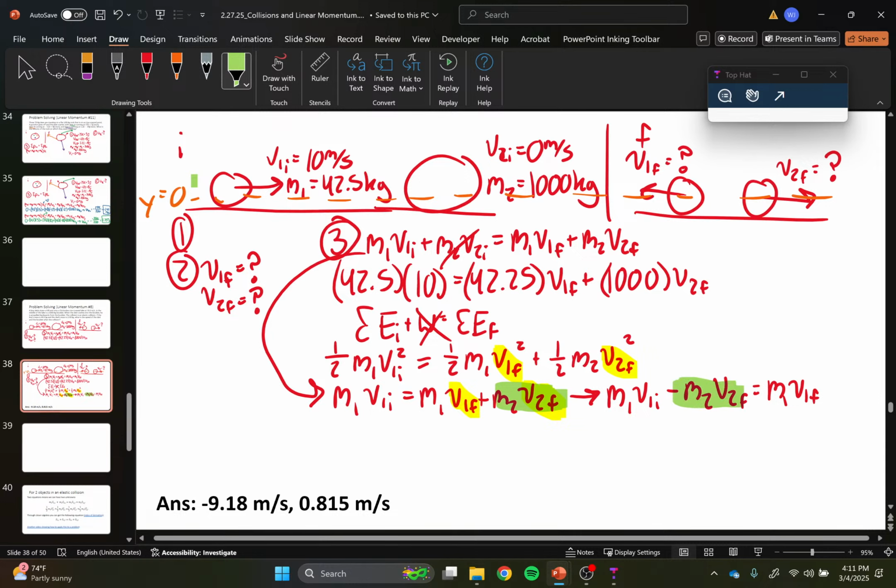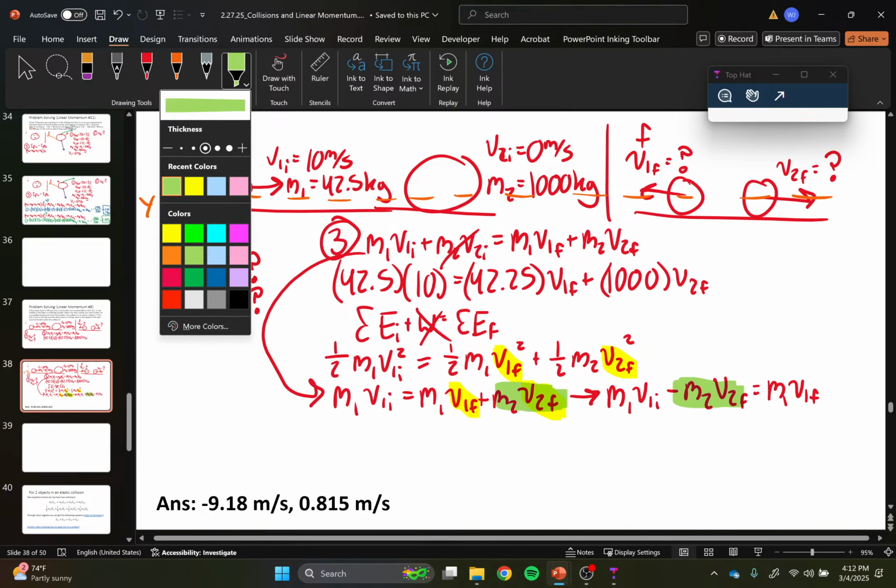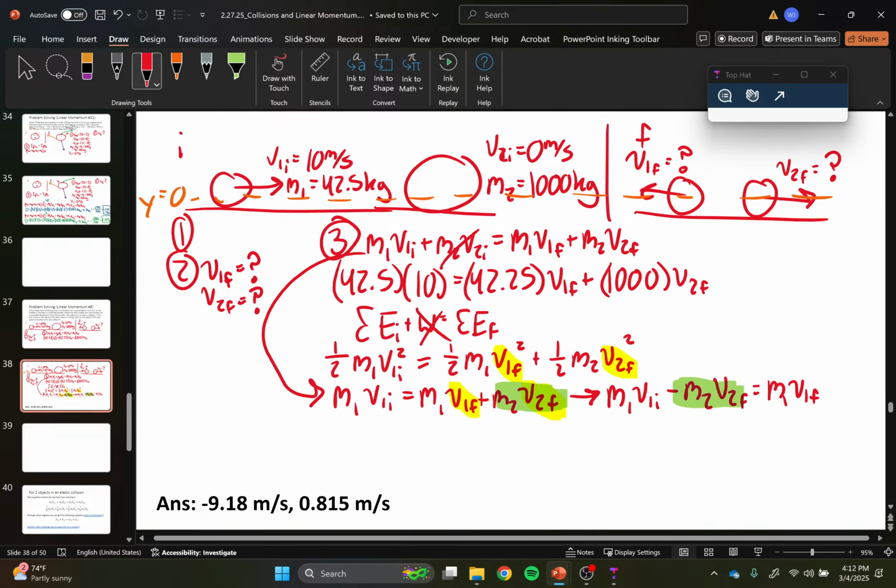Nothing wild. Now, if I want V1F by itself, I'm going to divide everything, M1 V1 initial minus M2 V2 final, by M1. Why am I going to do that?